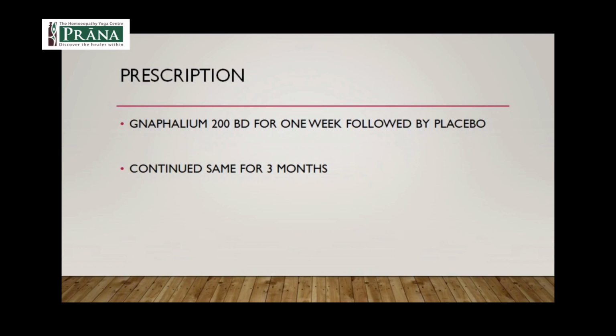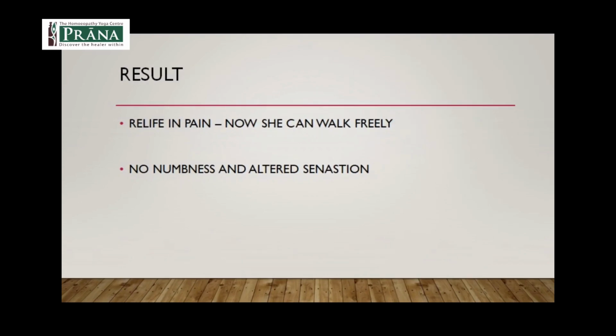Every month I repeated Gnaphalium for one week, morning and evening, 7 days every month, and you can see the result. I gave the remedy for 3 months. After that I gave placebo. After almost 7 to 8 months, what is the follow-up?